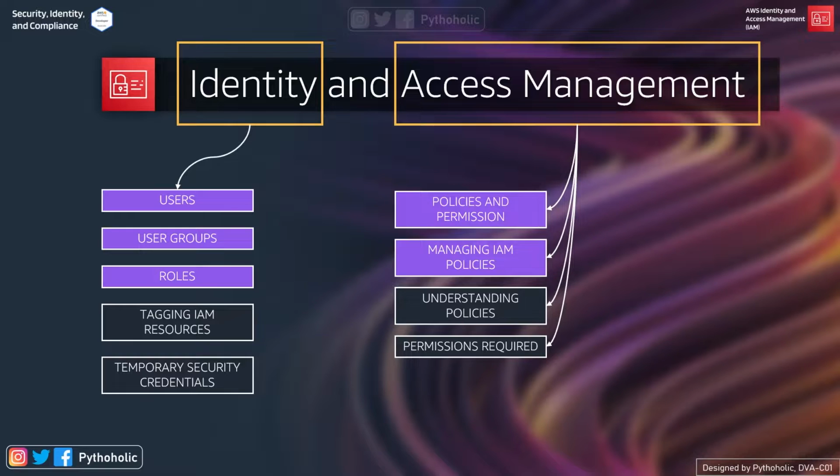And when it comes to identity, we need to talk about users, user groups, roles, tagging IAM resources, and temporary security credentials. And if you read these topics, they are inclined towards the identity aspect of the resource. And on the other hand, we have access management. So here we need to talk about policies and permissions, managing IAM policies, understanding policies and permission required.